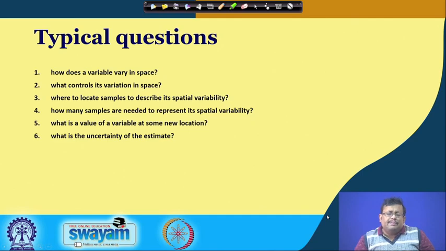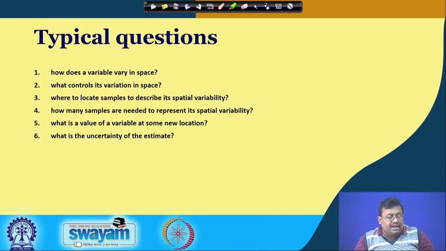So, these are the typical questions which we generally ask for getting the answer from geostatistical analysis. First of all, how does a variable vary in space? Secondly, what controls its variation in space? Thirdly, where to locate samples to describe its spatial variability? Fourth, how many samples are needed to represent its spatial variability?